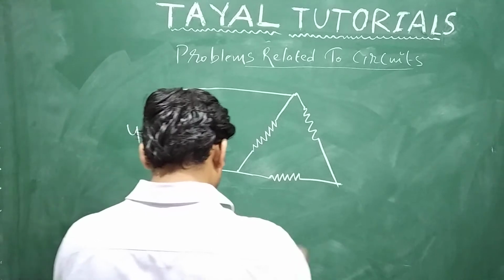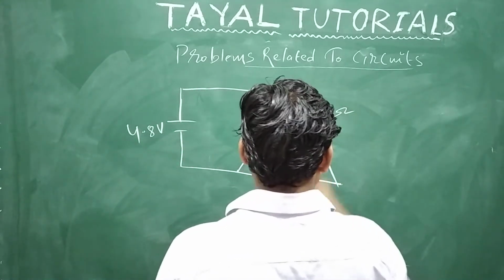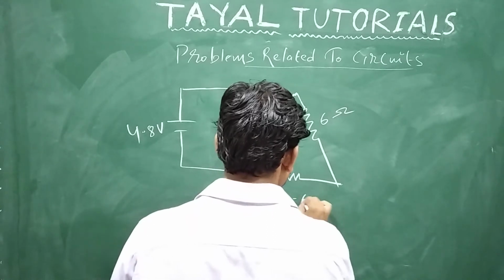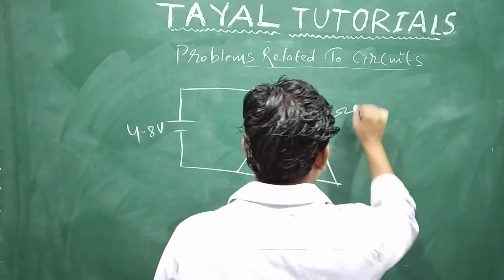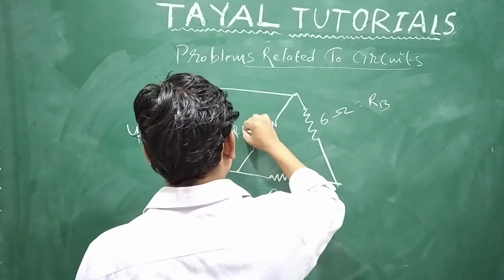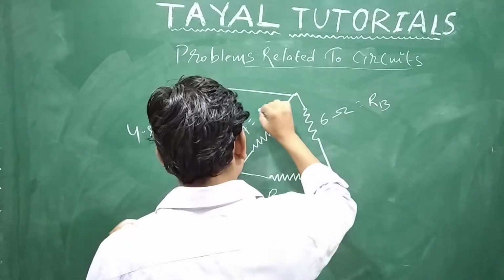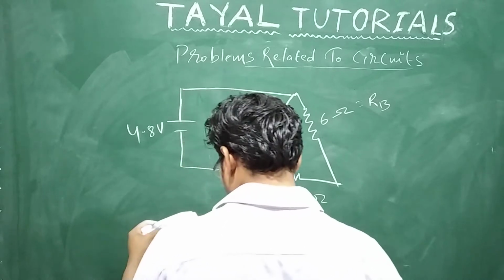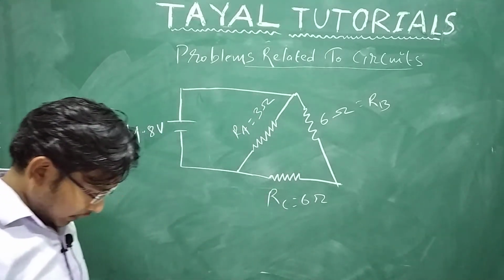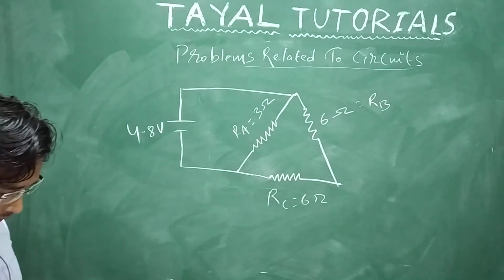Okay, this is 6 ohm. They have named that RC is equal to 6 ohm. This is RB. This is RA is equal to 3 ohm. And they are asking the current in the given circuit. They are asking, okay, simply the current in the given circuit.